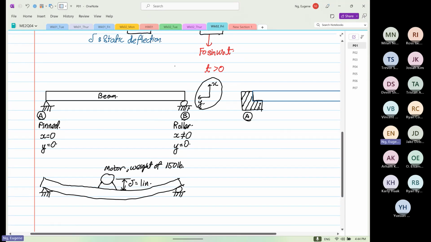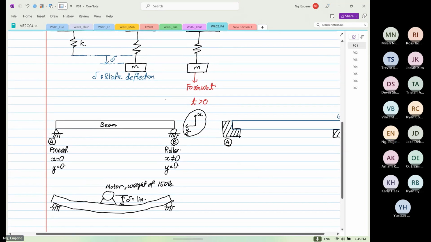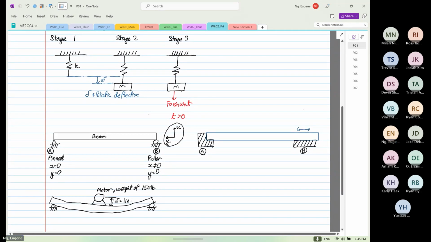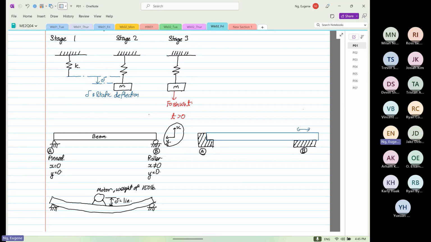When you look at the schematics, what can you see? Can you all figure out which is stage 1 and which is stage 2? Yes or no?